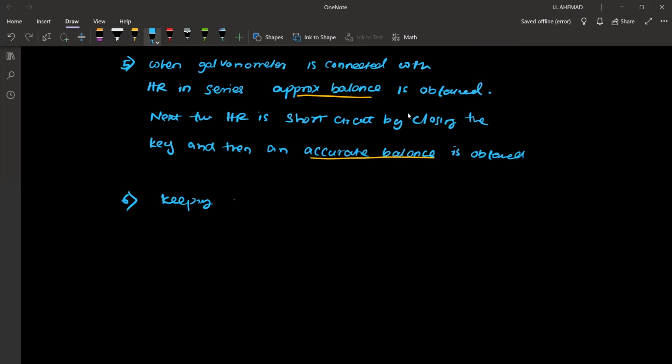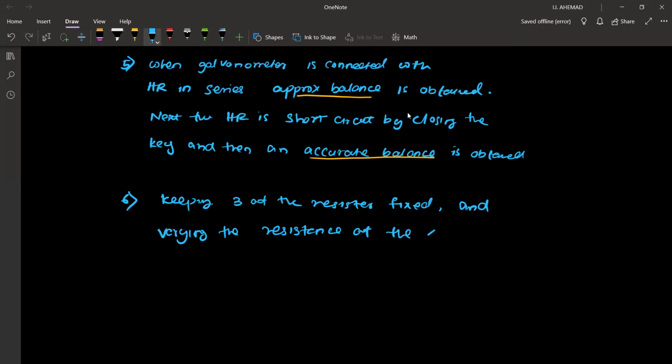Keeping three of the resistors fixed and varying the resistance of the fourth resistor from 0 to infinity.